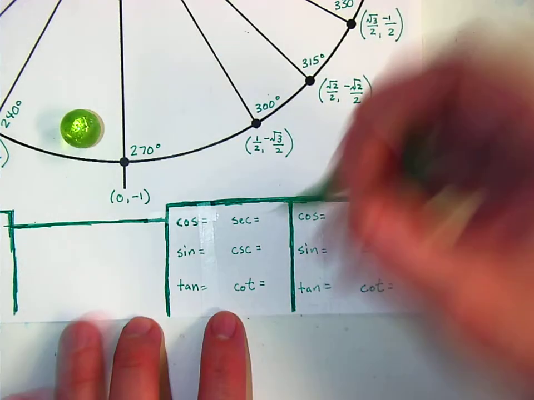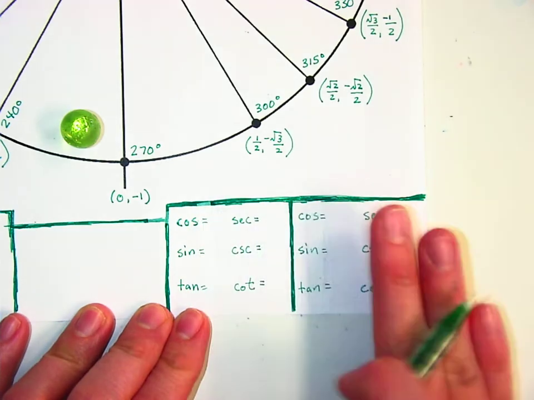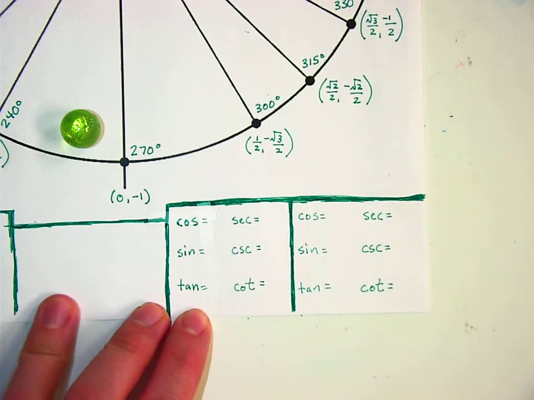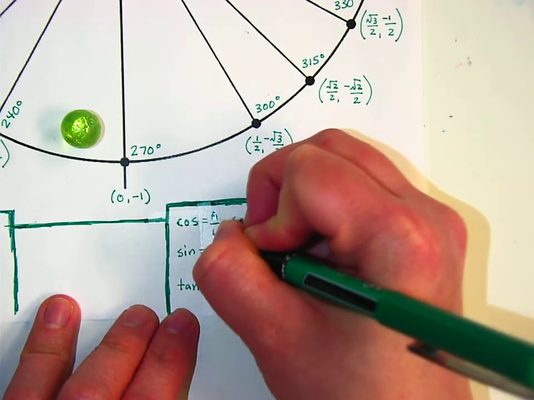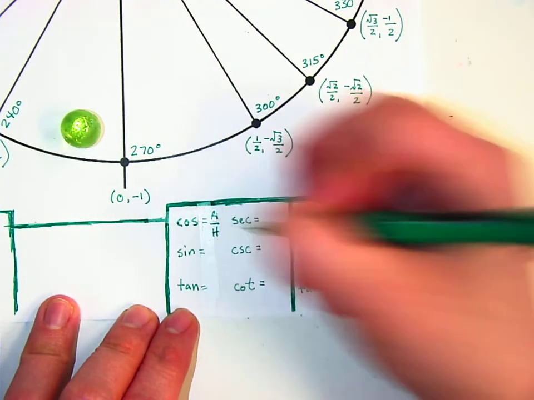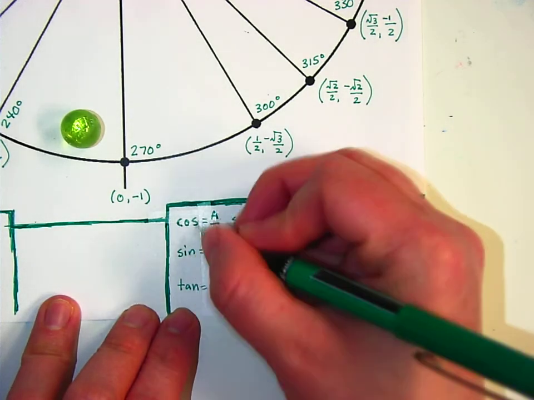Okay. On this one right here, I'm going to write down, and we're only doing these first three. We're not doing the other three. I'm just putting those there for spacing purposes for a different day. Cosine was CAH, so that's A over H. And sine, this is SOH CAH TOA.